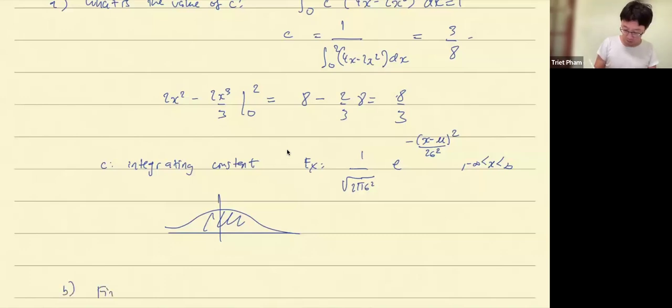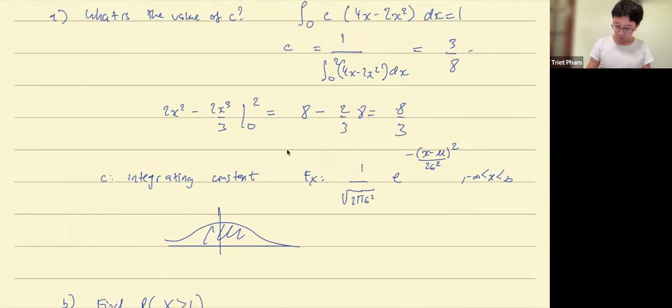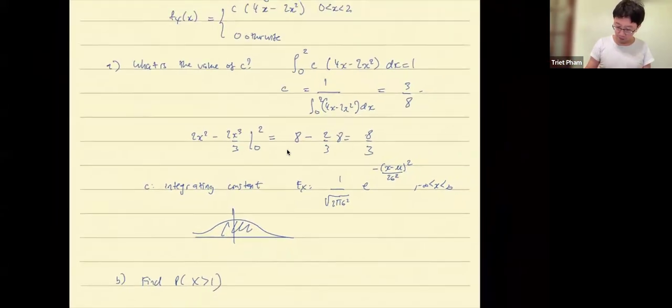B, find the probability that x is bigger than 1. The answer should be straightforward.